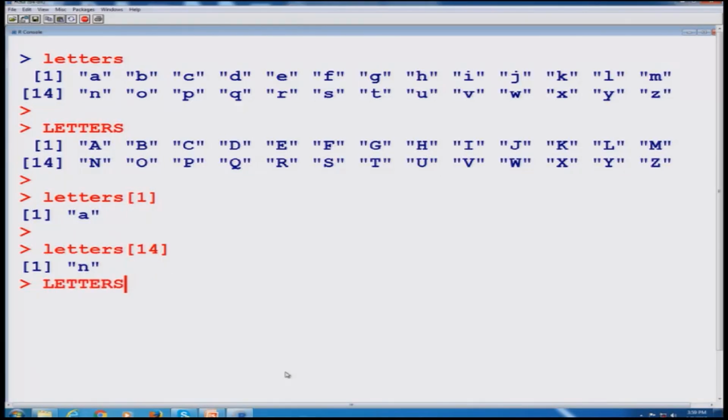And the same thing is possible with the capital letters. The first alphabet in the syntax LETTERS in uppercase is A. And similarly, if I want to know what is the 14th letter, then this is here N.